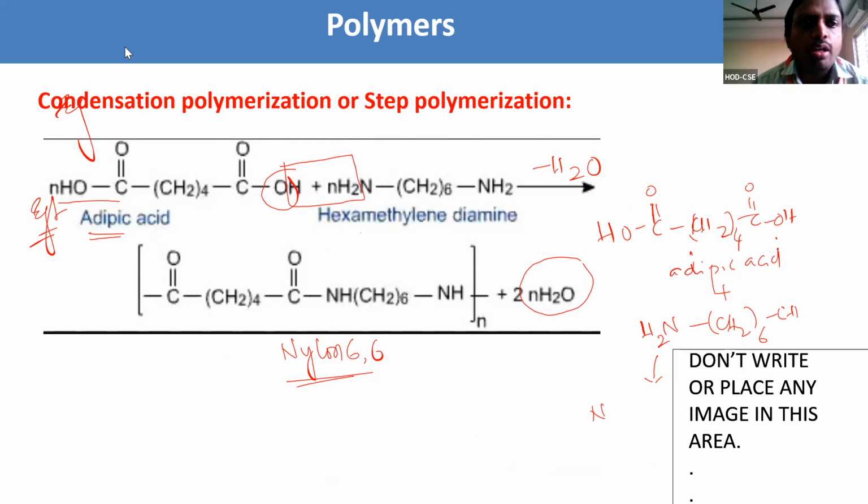The monomers involved in the preparation of nylon 6,6 are adipic acid and hexamethylene diamine. Here adipic acid and hexamethylene diamine, by the elimination of an H2O water molecule, produce nylon 6,6.